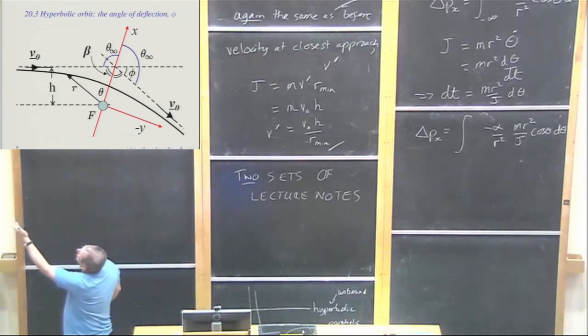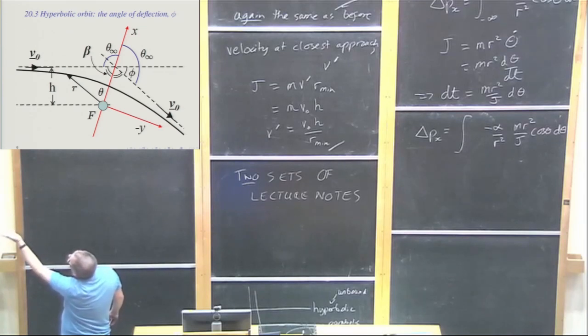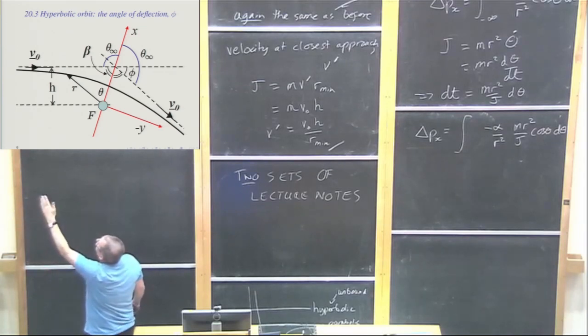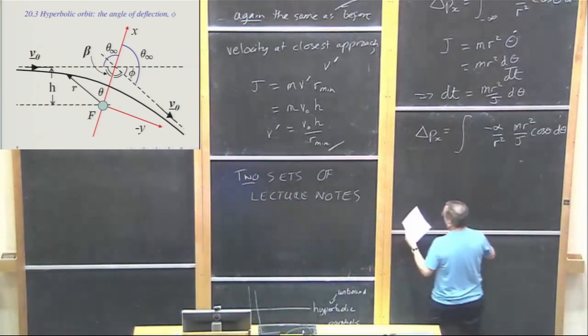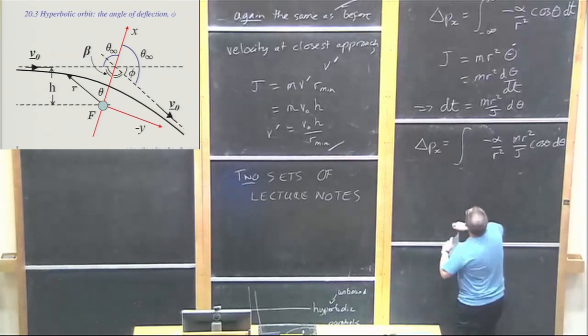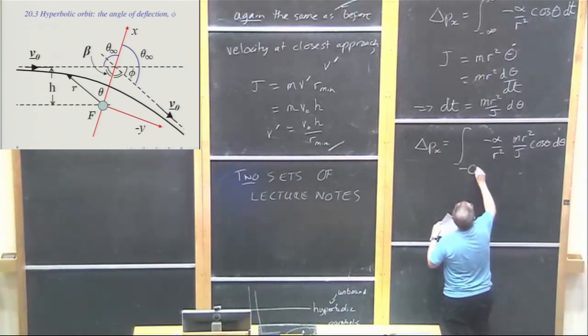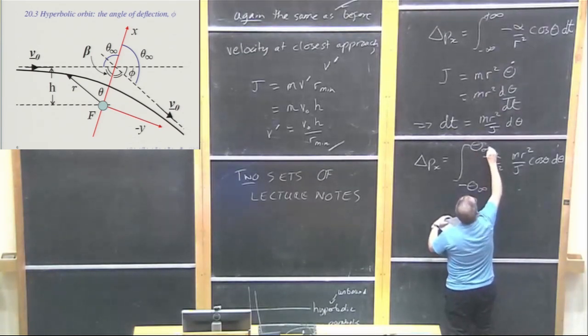And the limits now: at t equals minus infinity, theta will be minus theta infinity, and at t equals plus infinity, theta will be theta infinity. So minus theta infinity to plus theta infinity. I warned you we were going to need that.